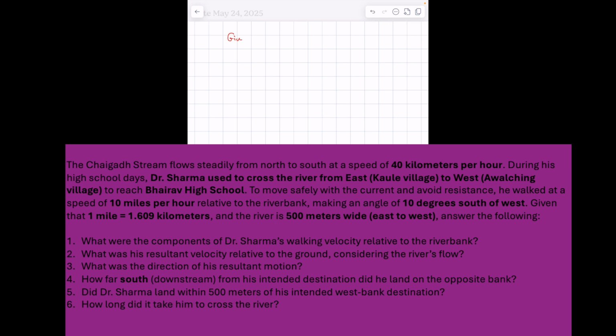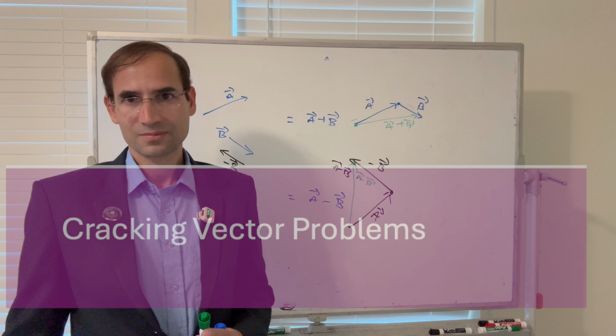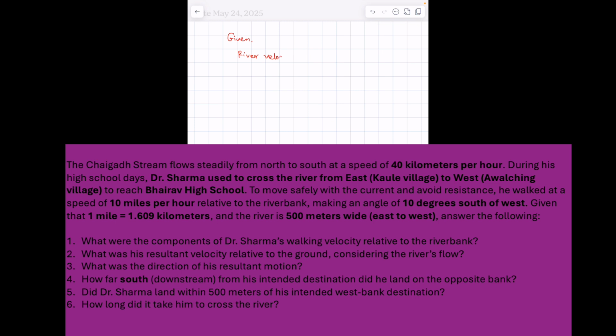So the given is the Chingar stream velocity. Let's say the river velocity, the velocity due to the river, Vr, is 40 kilometers per hour. It is moving to the south.